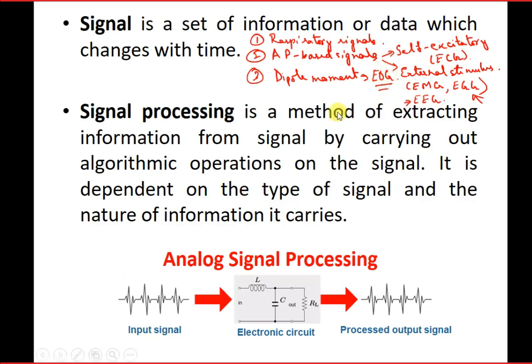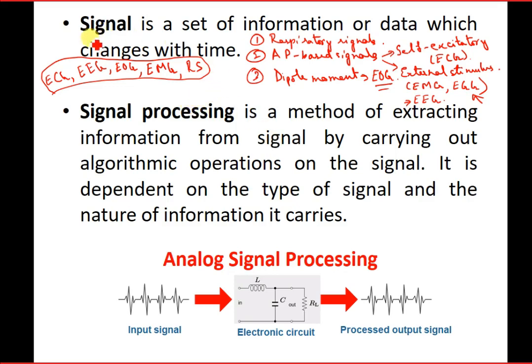Okay, in most of the biomedical signals you will find that we are discussing mostly either ECG signals or EEG signals. EEG means electroencephalogram, ECG is electrocardiogram, then electrooculogram, electromyogram, and then respiratory signals. These are the common signals which we study.